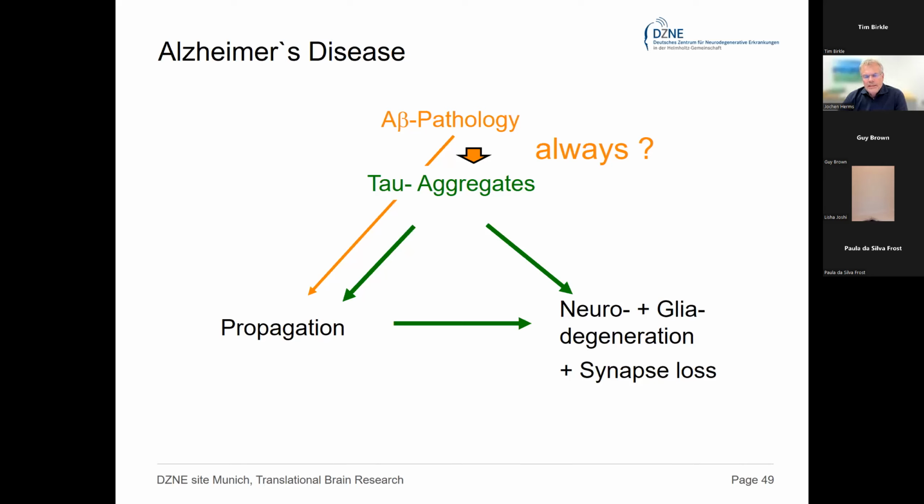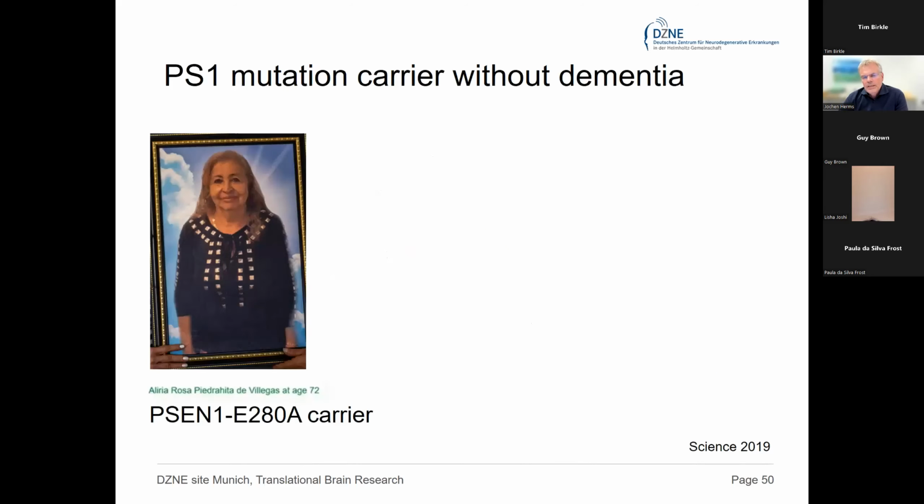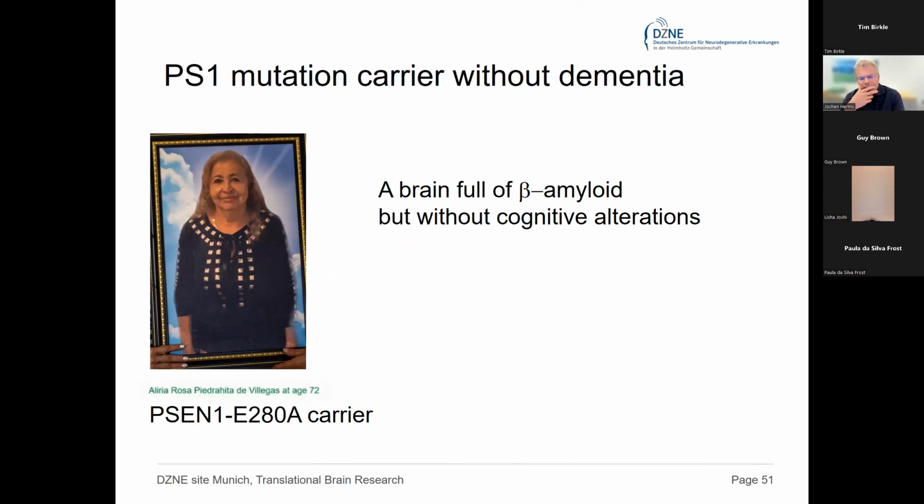And the last thing I would like to talk about is whether A-beta pathology always induces tau pathology. And here we learned a lot from one unusual case. This is a woman with a presenilin 1 mutation, which usually causes dementia at the age of 40 or so. But this person was cognitively normal until the age of 72.